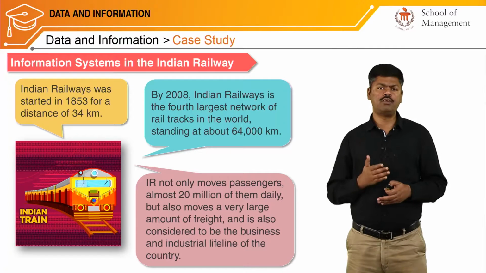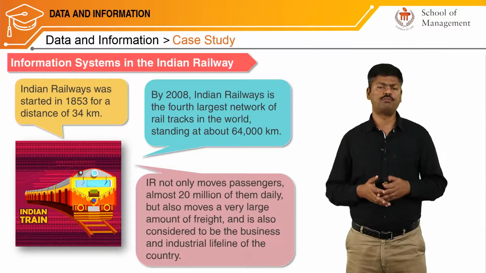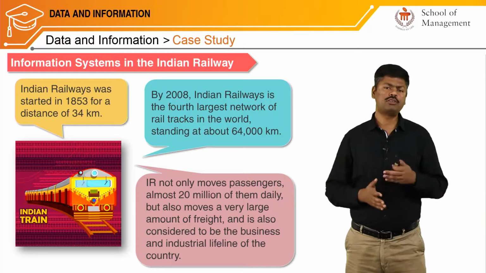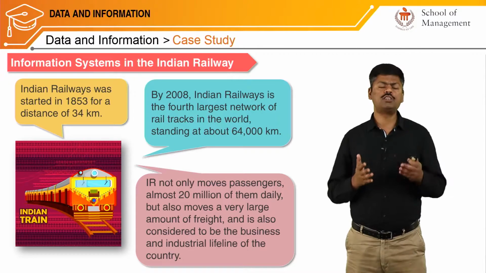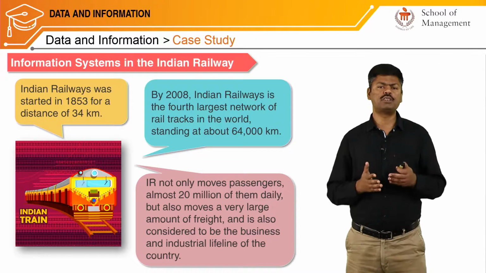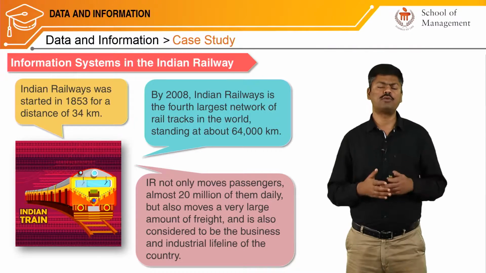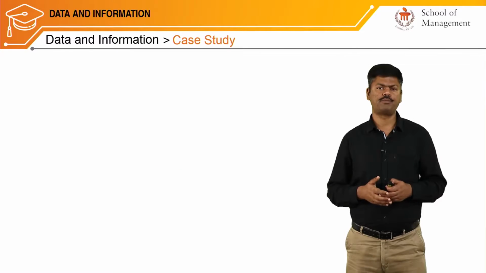Indian Railways not only moves passengers, about 20 million of them daily, it also carries a very large amount of freight, and it is considered to be the business and industrial lifeline of the country because rail transport is cheaper for freight.